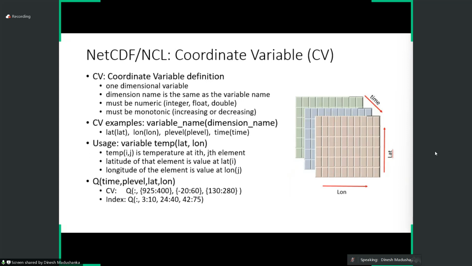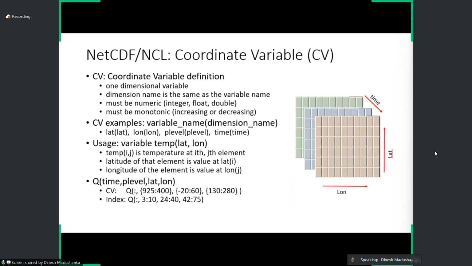But in your original data file, you have the pressure levels from 1000 to 100. In this stage you are doing subscript, only selecting these pressure levels, and then you are only focusing on them. Just imagine if your data has latitude from minus 90 to positive 90, but you need to focus only on minus 20 to positive 60.